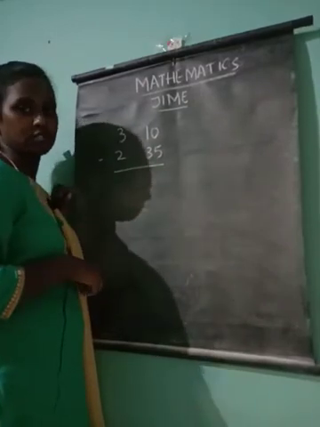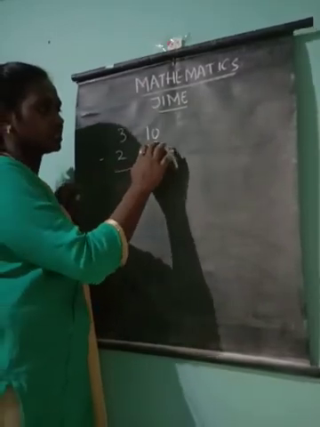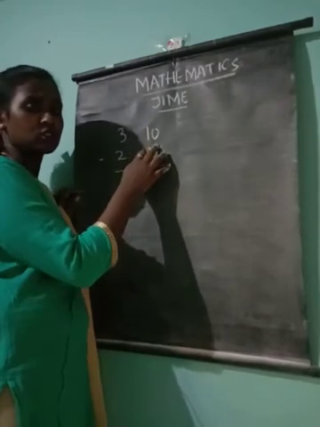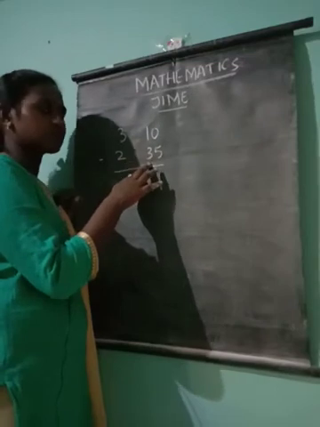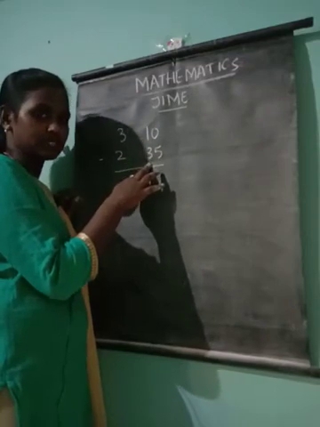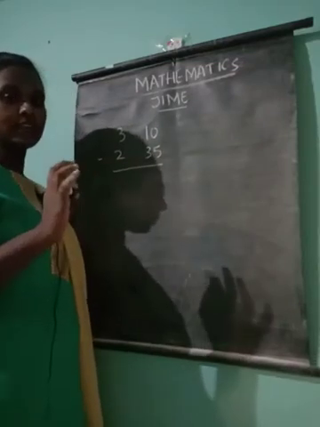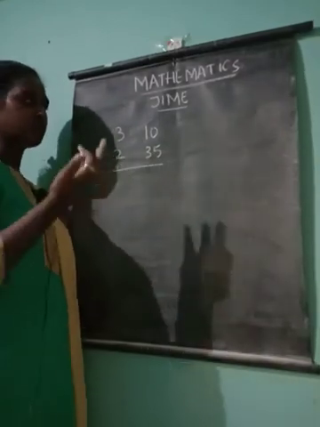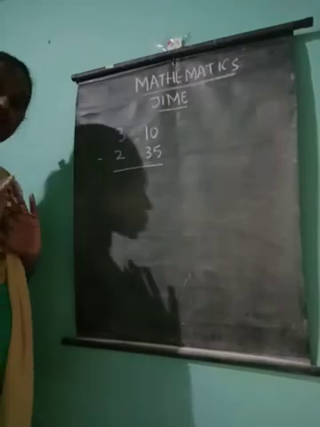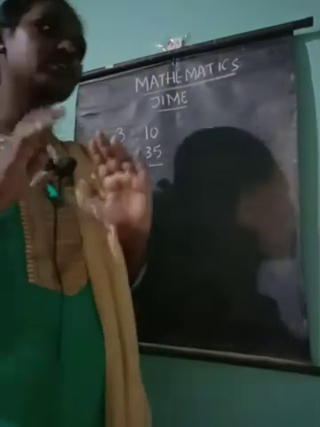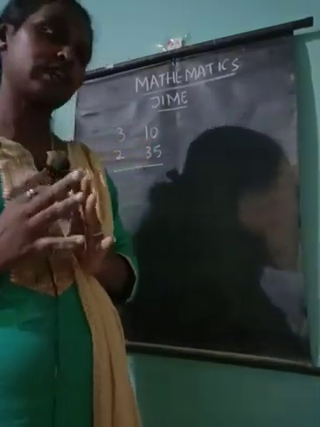Now here, 0 and 5: if I thought to take a carry, I have just 1. In addition we would take a carry, but here we should not do like that, because here we are calculating clock time.